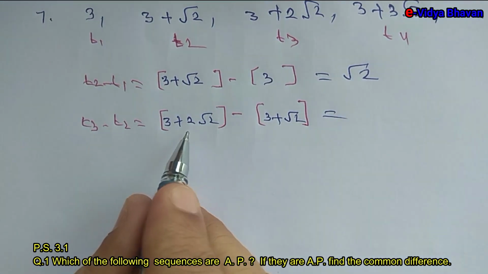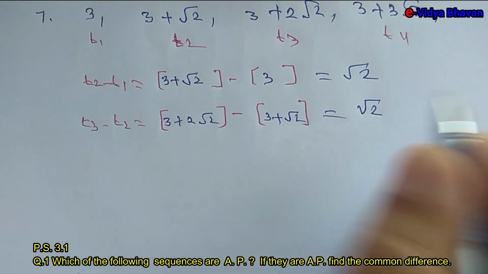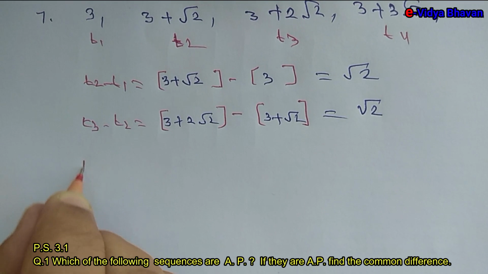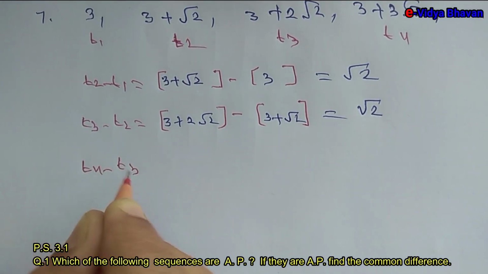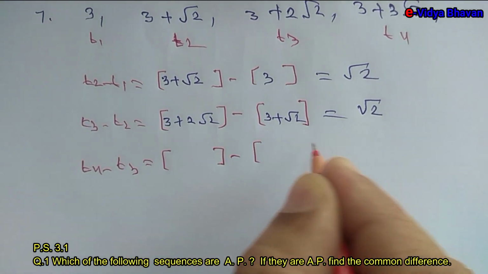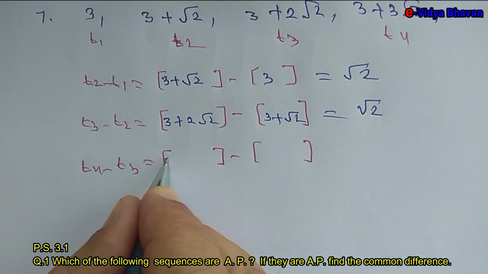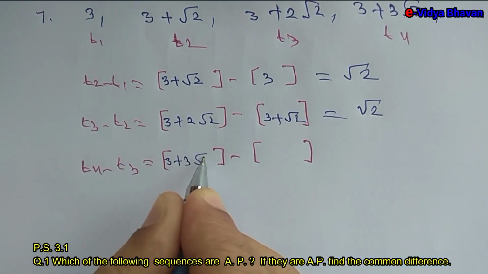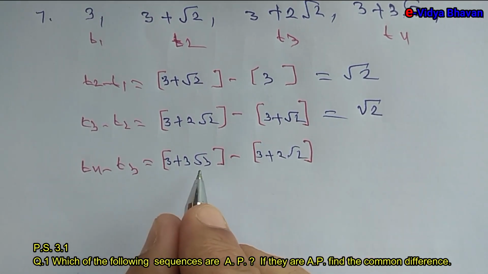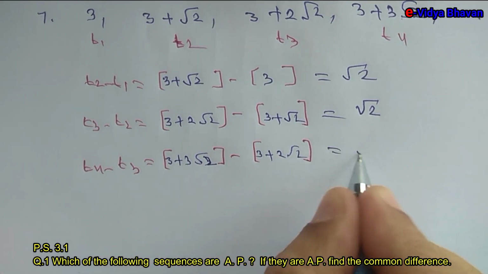Again 3 cancels, and from 2 root 2 if you take out root 2, you will get root 2. Further T4 minus T3: 3 plus 3 root 2 minus 3 plus 2 root 2, 3 cancels, 3 root 2 minus 2 root 2 is going to give me root 2. So what are you finding?